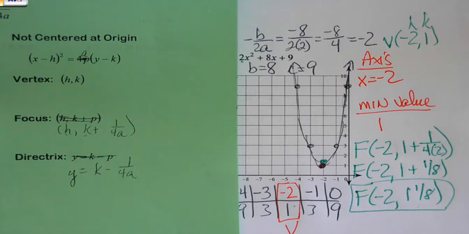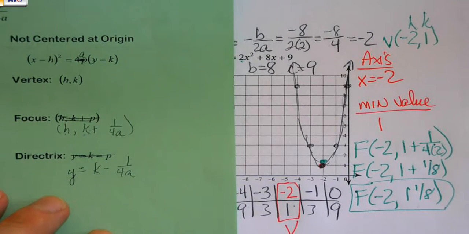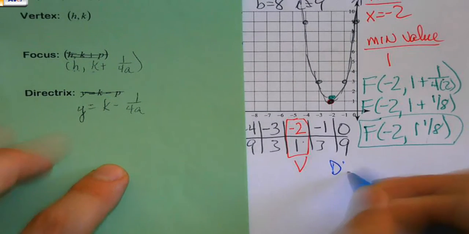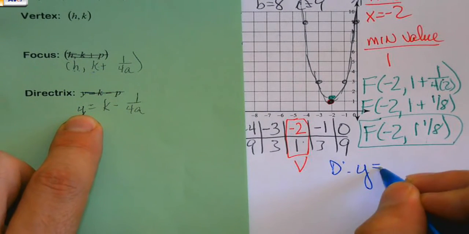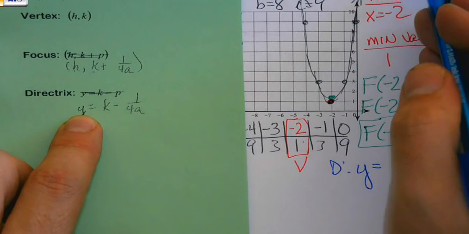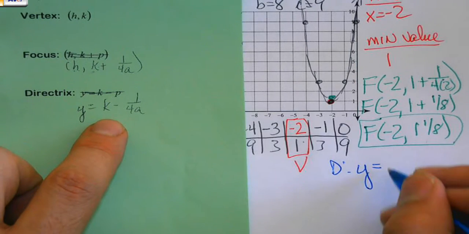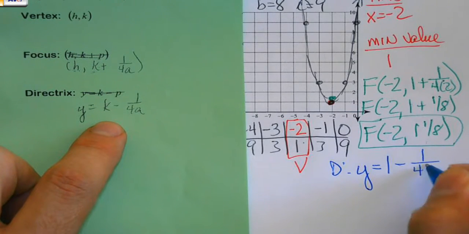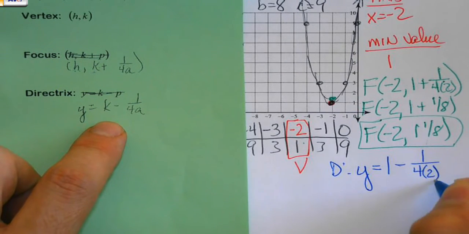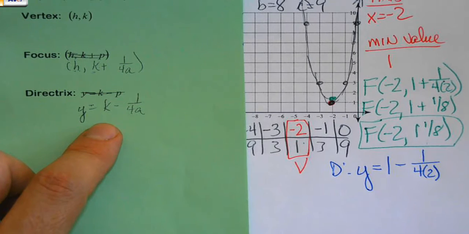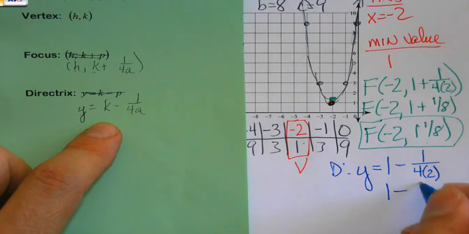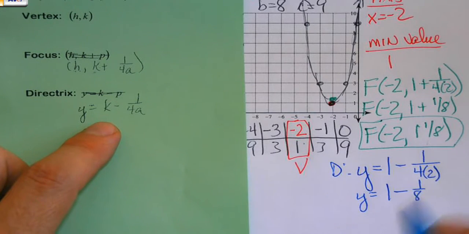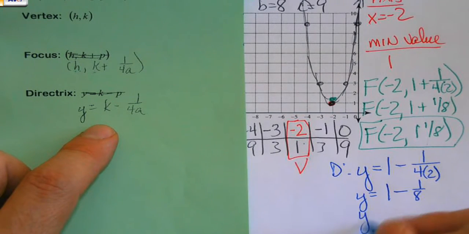Still inside the parabola. That's good. Focus in, directrix out. And speaking of directrix, y equals k minus 1 over 4a. My k is right off the screen here, hopefully you wrote it down. So 1 minus 1/8. Again, if you go to the decimal, it's fine.